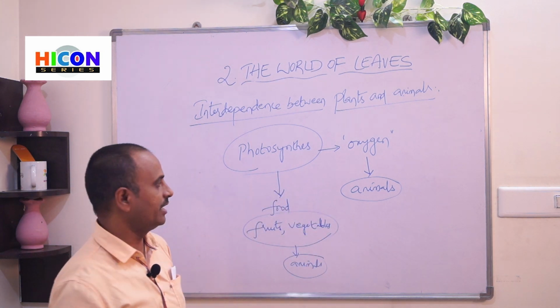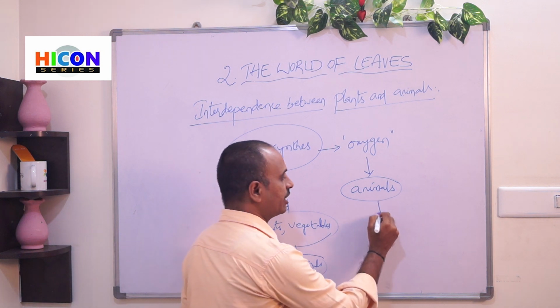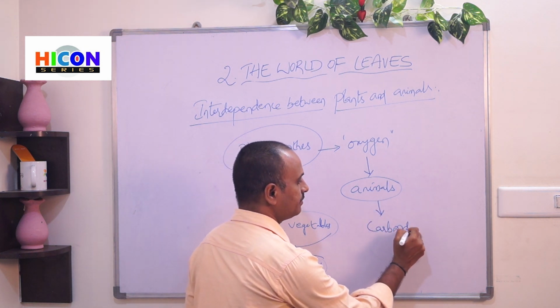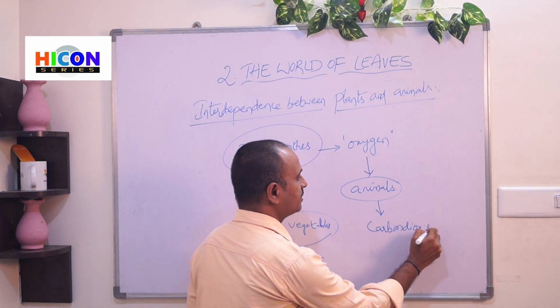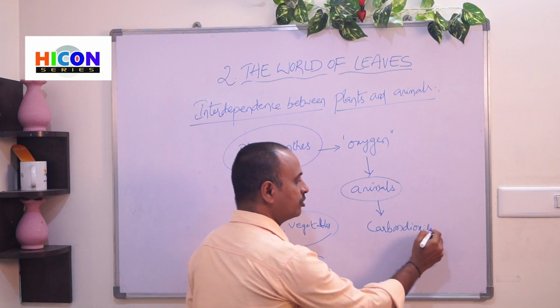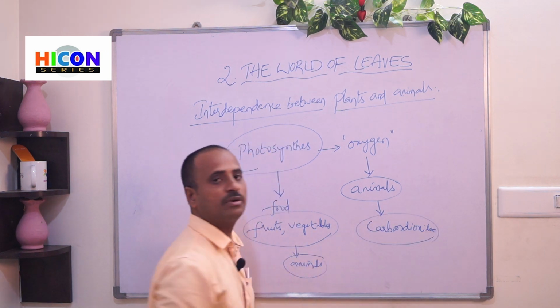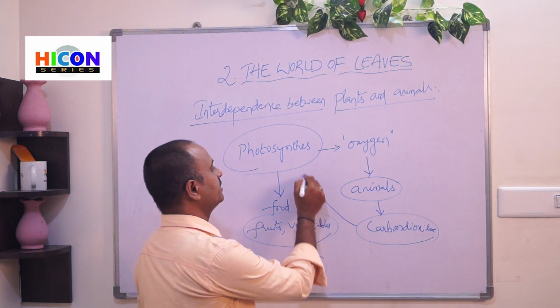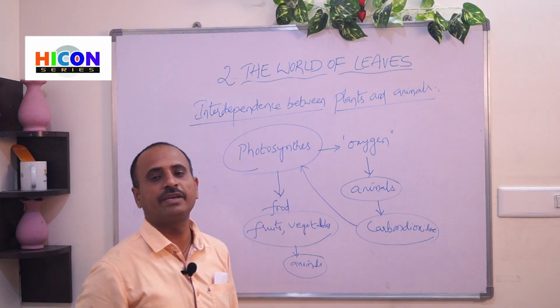And in the same way, the animals give off carbon dioxide into the atmosphere. That means the animals breathe in oxygen and breathe out carbon dioxide. This carbon dioxide is utilized in the photosynthesis process by the plants.